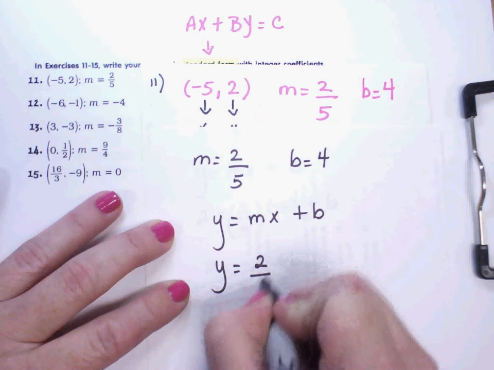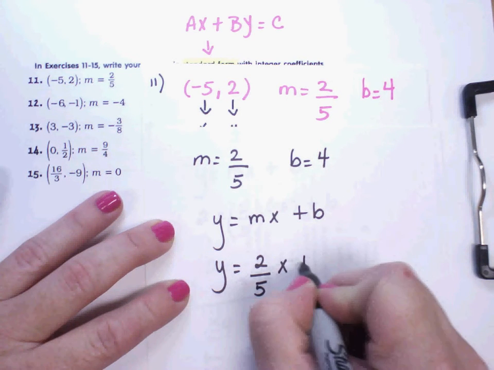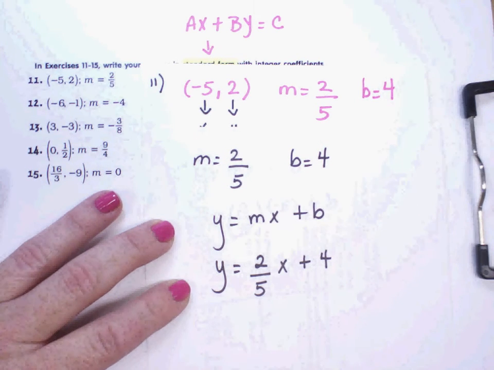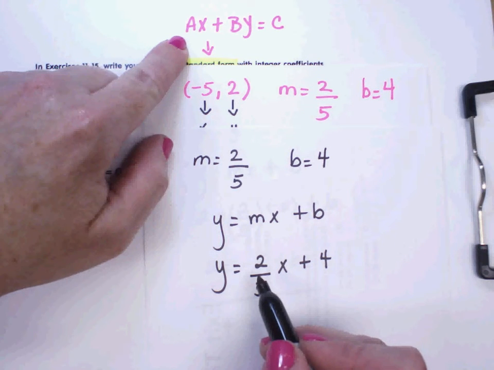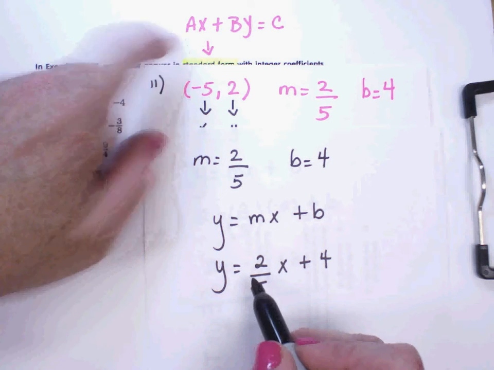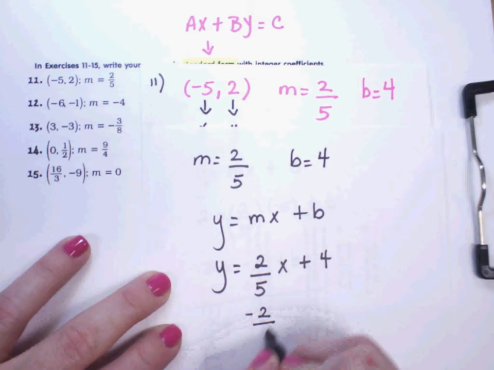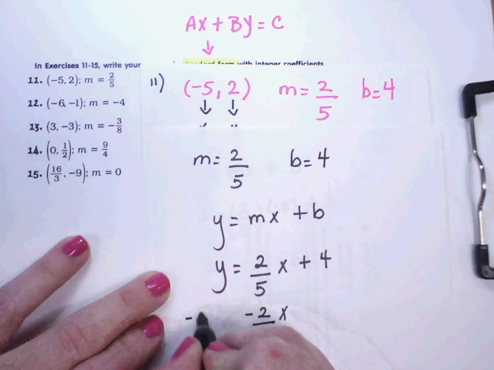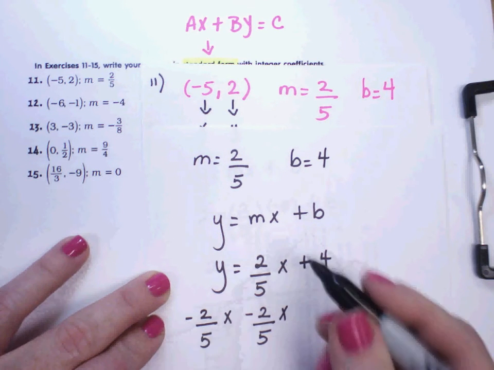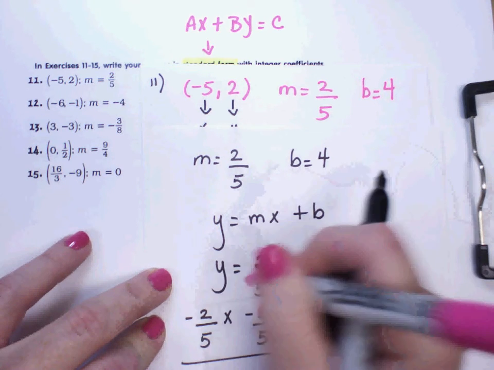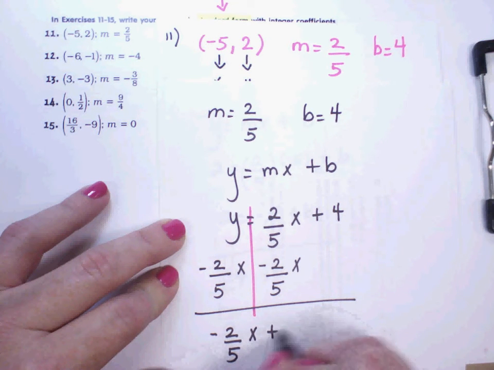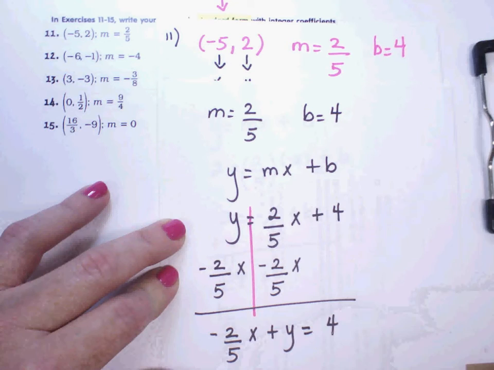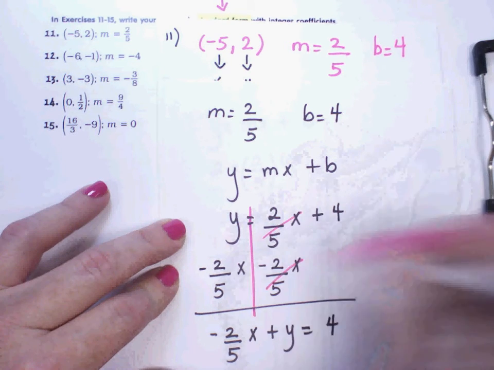My slope is 2/5, and my intercept would be b. Now, on my standard form, the x and the y need to be together. So I'm going to get rid of it over here by subtracting 2/5 x. So I get -2/5 x plus y equals 4, because this is canceled over here.